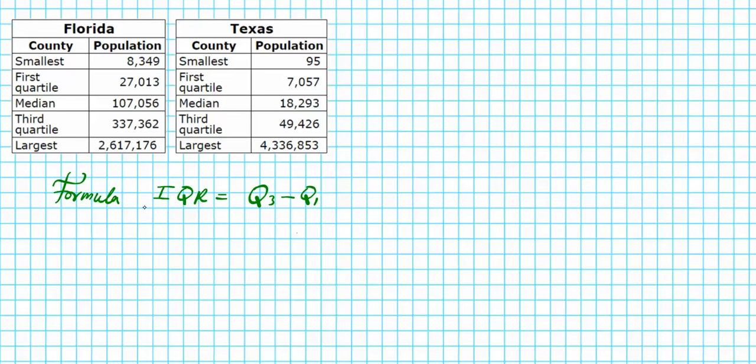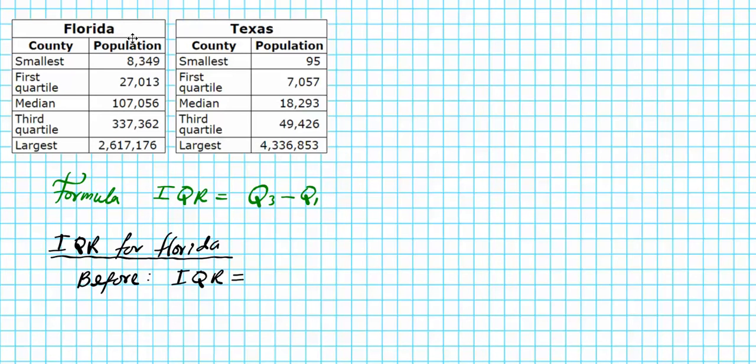Okay, so what happens before and after in this case? Let's go ahead and work it out. So this is IQR for Florida. Before, what is the interquartile range? The interquartile range is Q3 minus Q1, right?